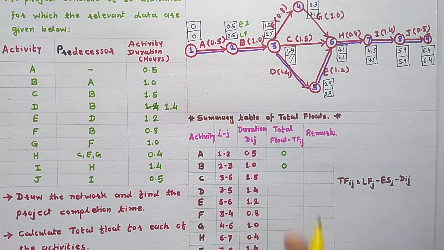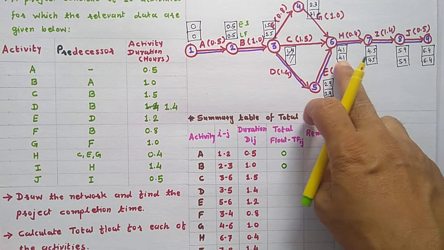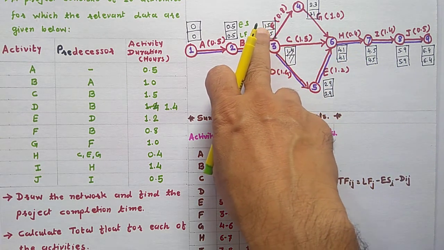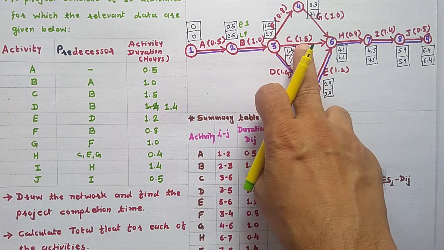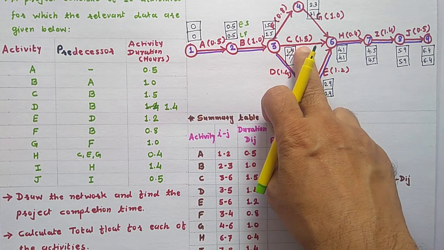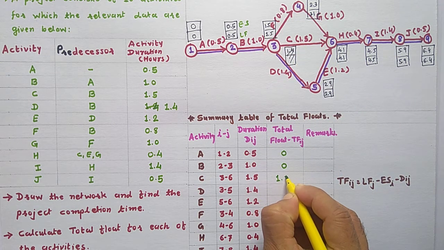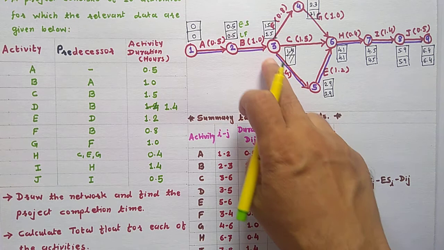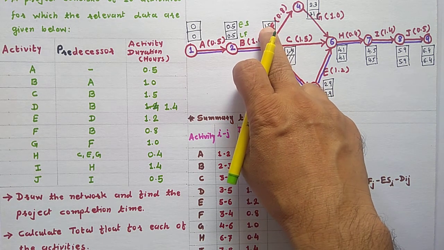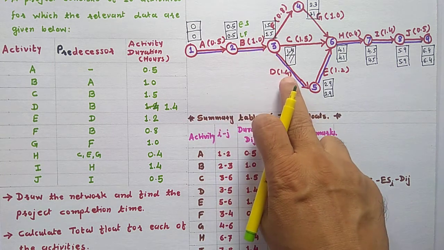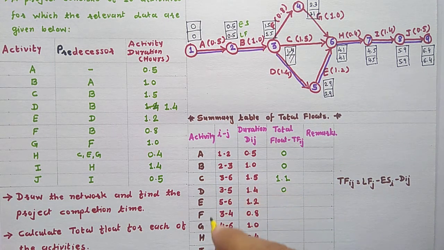Activity C: 4.1 minus earliest start time 1.5 is 2.6, minus duration 1.5, that is 1.1. Activity D: 2.9 minus 1.5 is equal to 1.4, minus duration 1.4 is equal to 0.